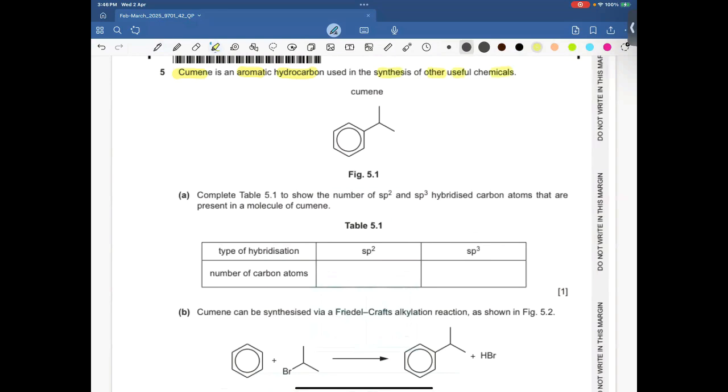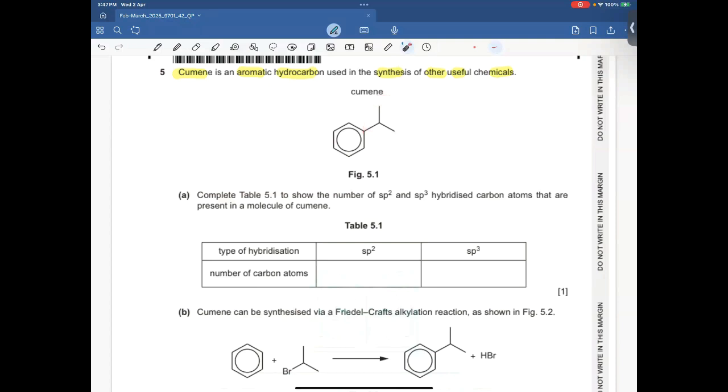Table 5 is the sp3 hybrid present molecule of cumene. Carbon atoms. These double bonded carbon atoms have sp2 hybridization. So 6 are the 3 carbon atoms, by the way, which shows dehybridization 1, 2, and 3. All right, that's an easy thing.